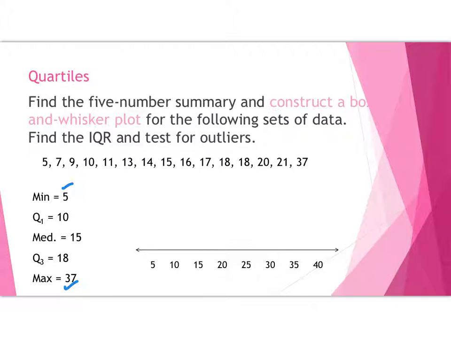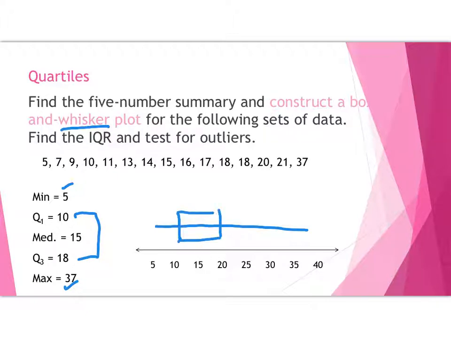Above my number line, I need to start at 5 and go to approximately 37 to make my whisker. The whisker part of the box and whisker plot spans the entire range of the data, so from 5 to 37. The box goes from Q1 to Q3, so it's going to go from 10 to 18.